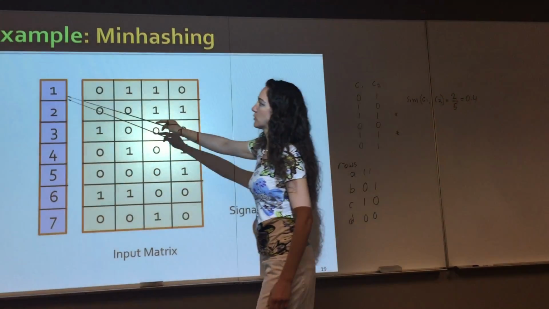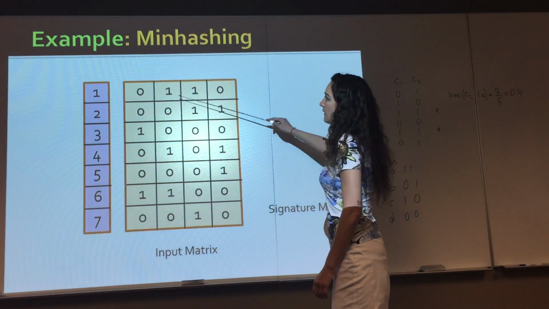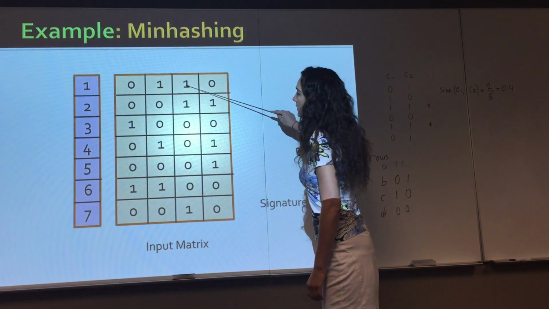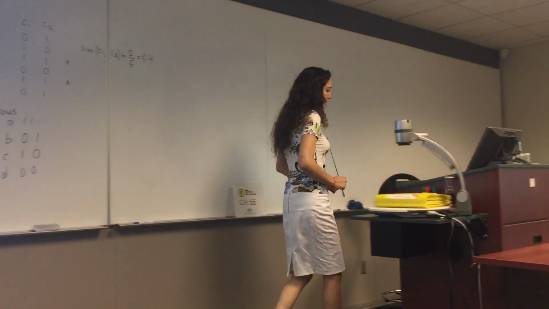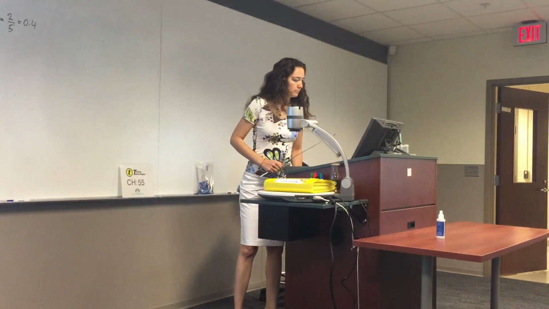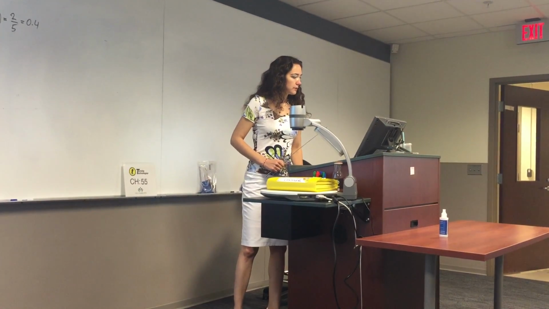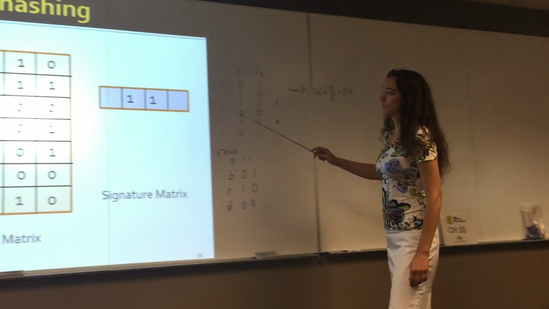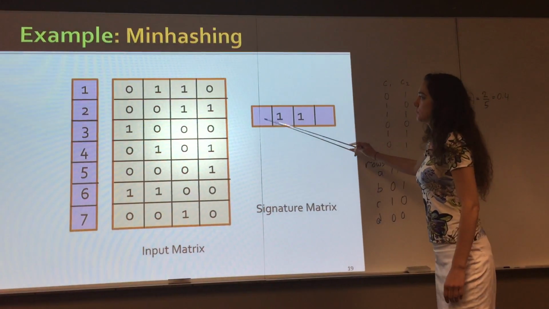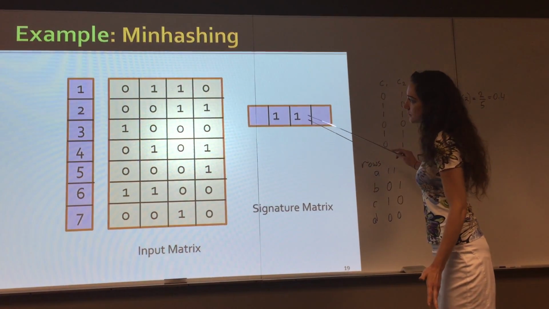If we start with the first one, there is a 1 here and a 1 here. So we will use that to create the signature. So this will be the signature for the first row. These two blocks are empty.